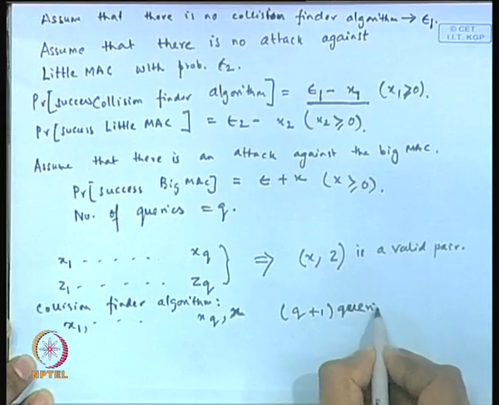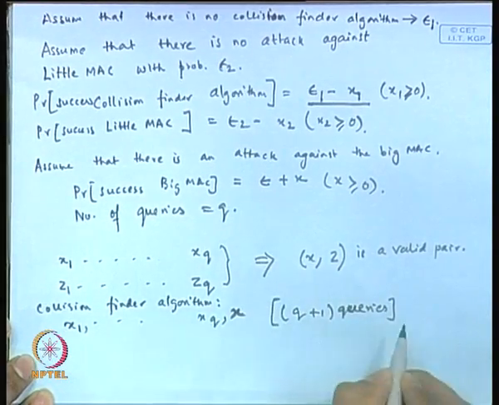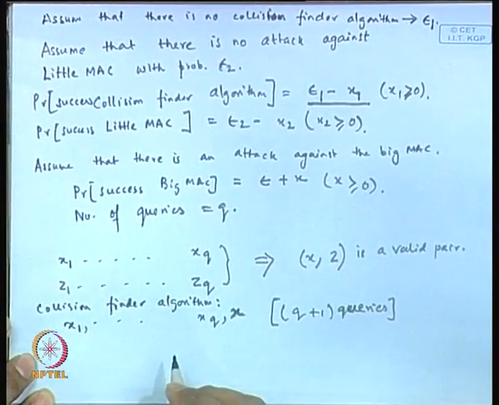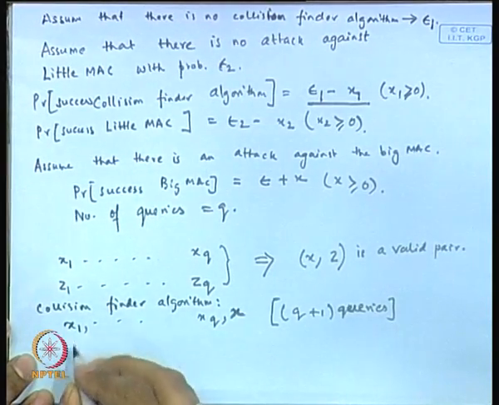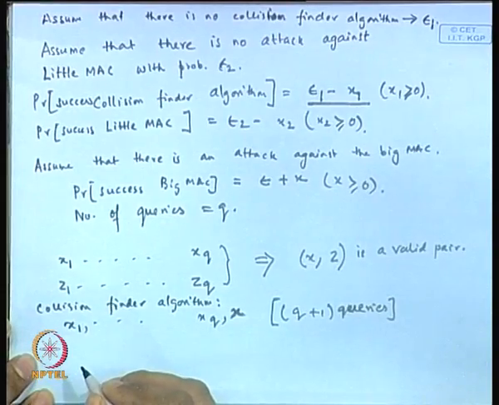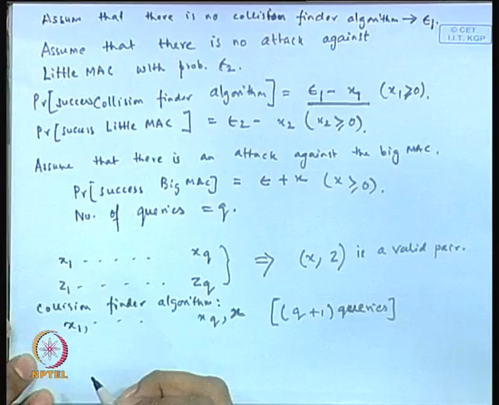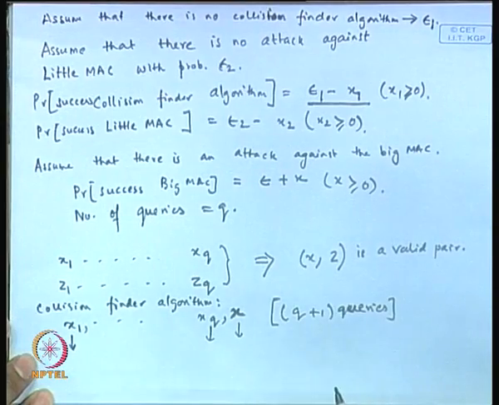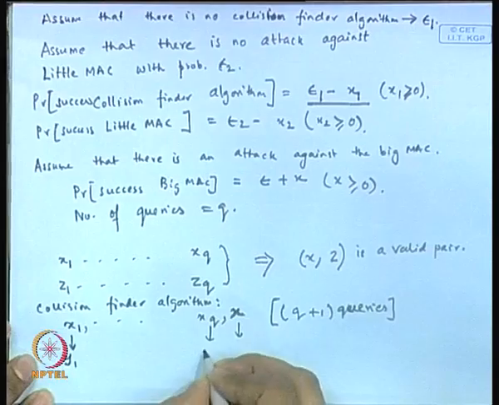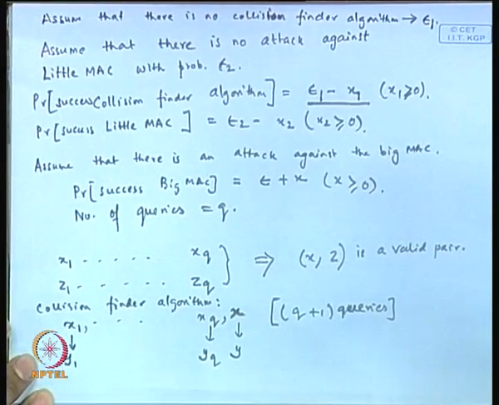Right. So now what you do is obtain the corresponding hash values. The collision finder algorithm will give you the corresponding hash values. It will take these and apply the function defined by gk over all these values and obtain y1 to yq and also y.